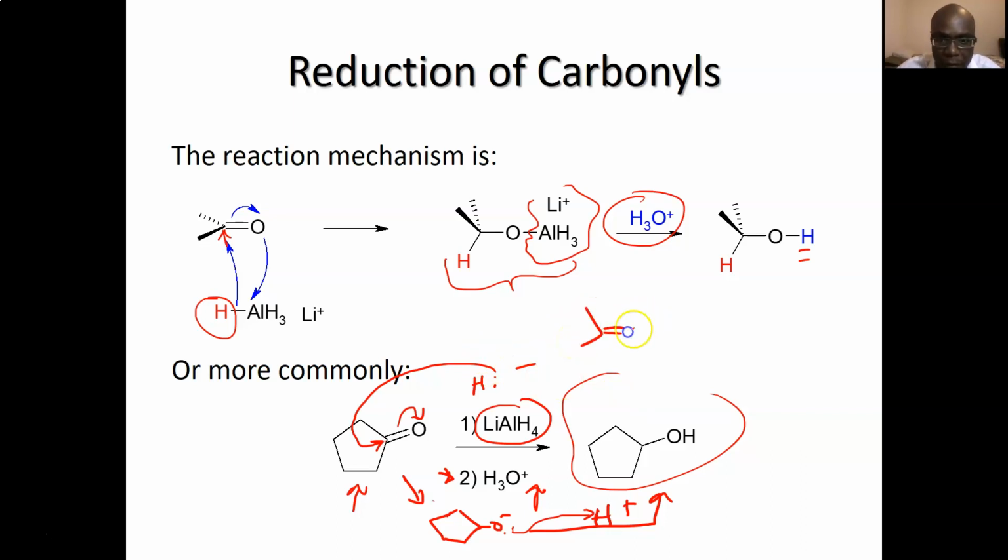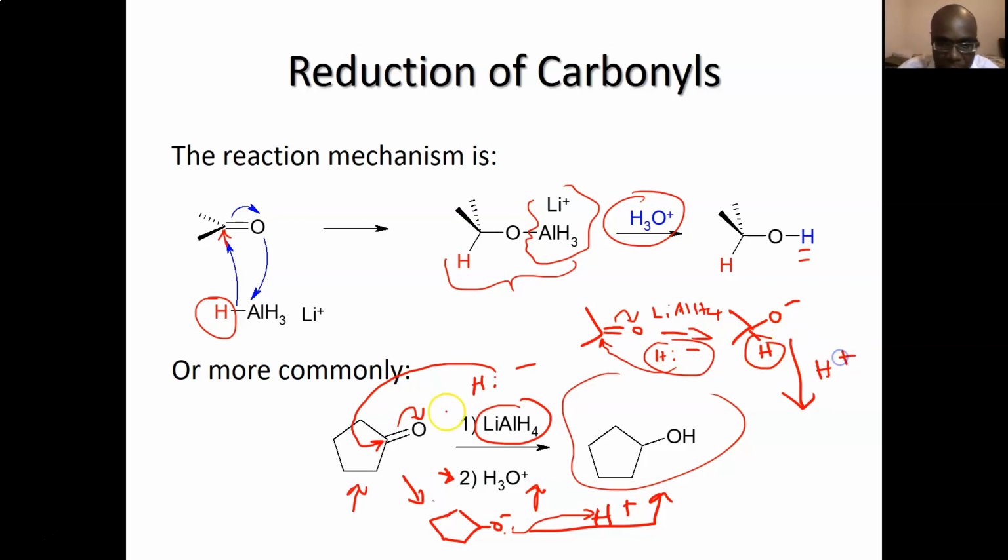So again, start with the ketone. Step number 1 is lithium aluminum hydride. That gives you the hydride, which attacks the carbonyl. This opens up. You get the alkoxide. The hydrogen now is there. This hydrogen is what attacked. And then you go one more step, which is step number 2, which simply provides the H plus, the proton, to convert the alkoxide to the OH, which is the alcohol.